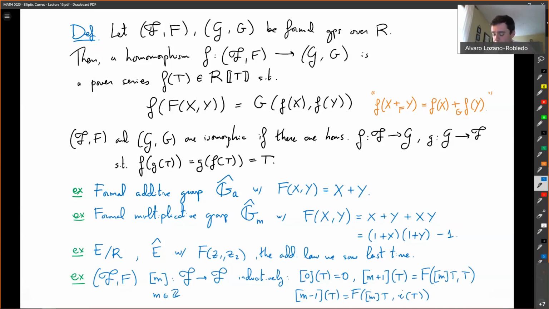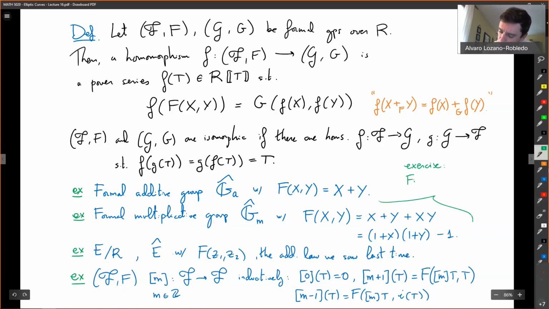Okay. So, by the way, it is a good exercise, and I'm going to leave it here as an exercise: find the inverse for the multiplicative formal group.